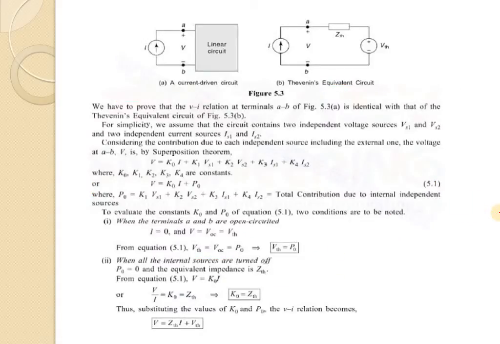This is the Thevenin's equivalent circuit. We have to prove that the VI relationship at the terminals A and B of this network is identical with that of the Thevenin's equivalent circuit.